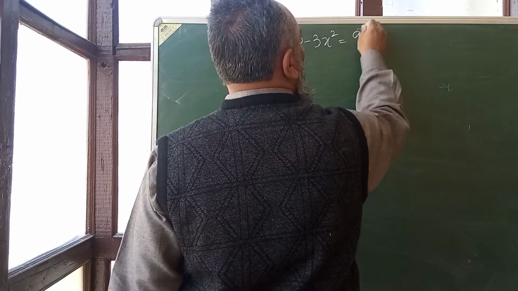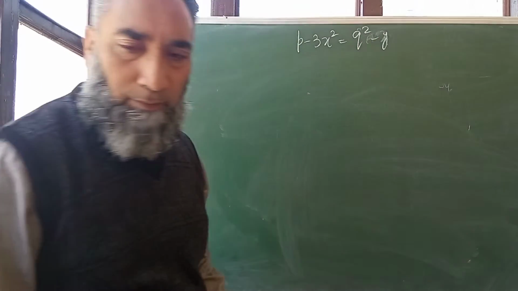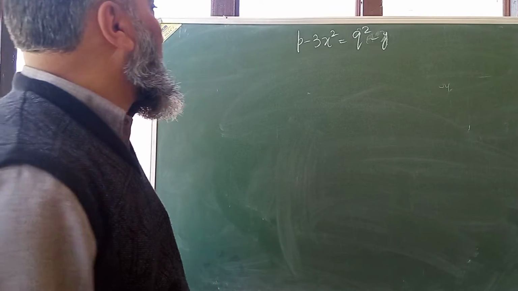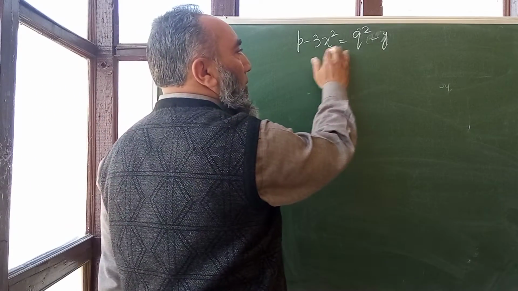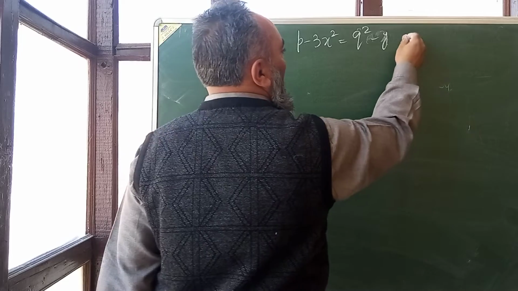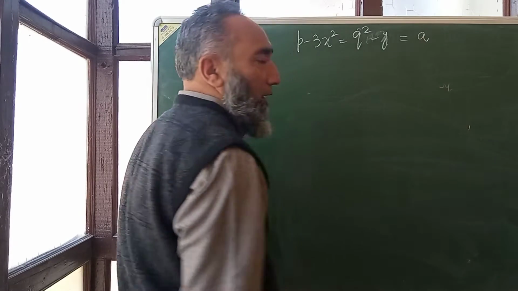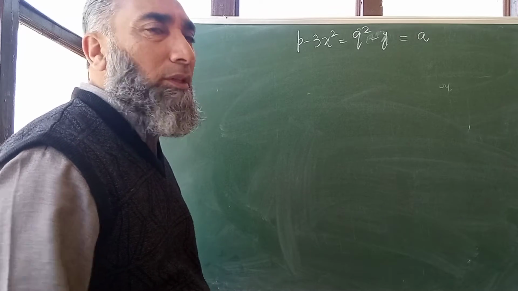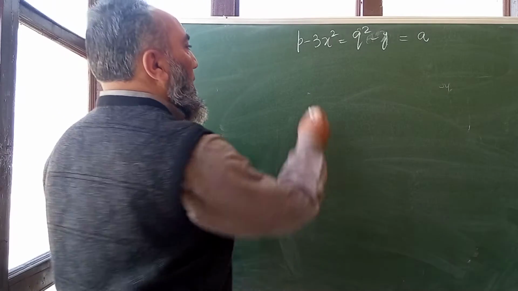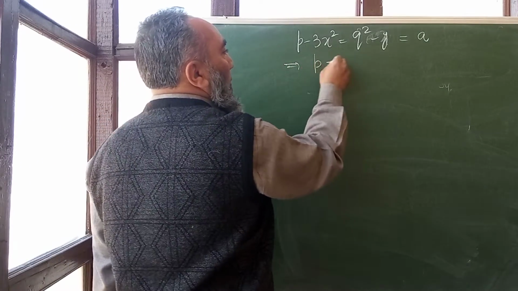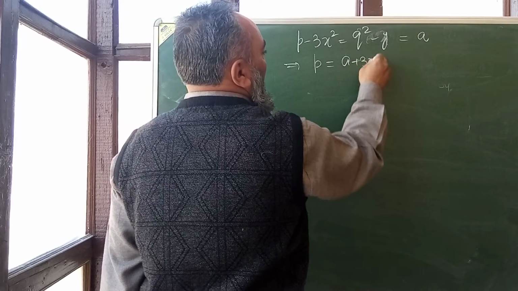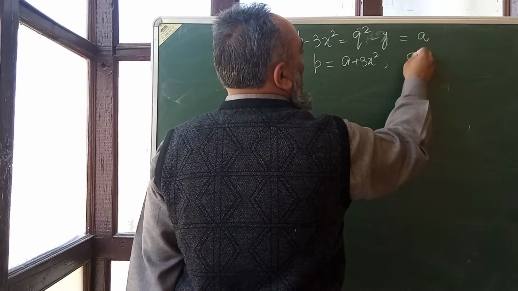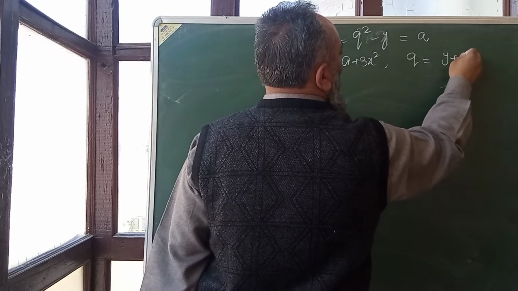See, you have p on one side with x, and q with y. So let me suppose that they are equal to a. You can take a square also, a cube also, log a also; it depends on the question. Now this gives us p is equal to a plus 3x square and q is equal to y plus a raised to the power half.